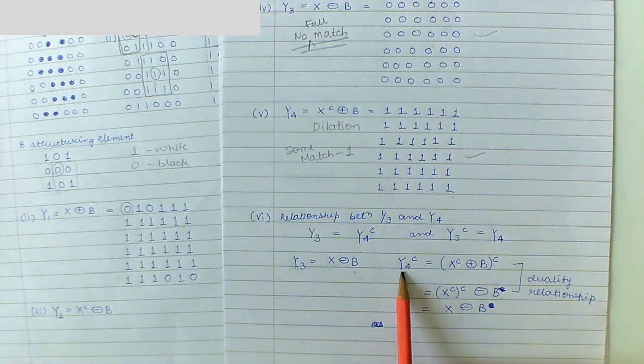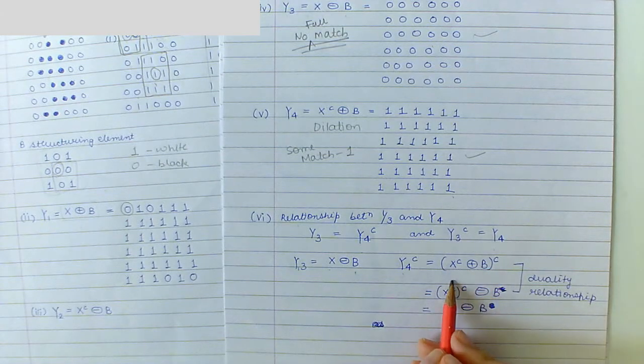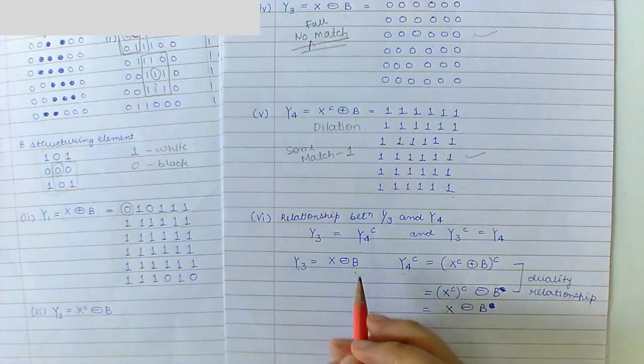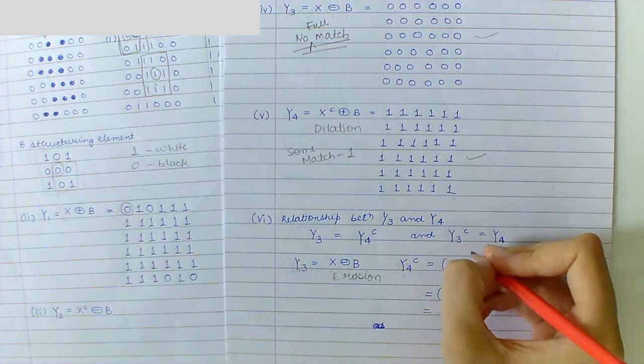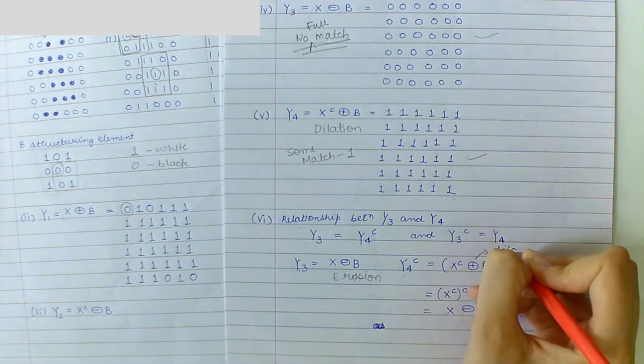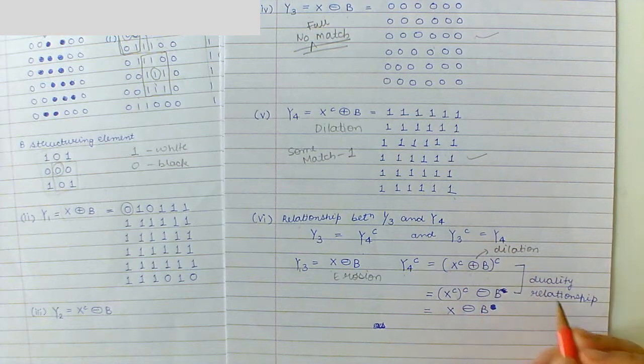As we know, Y3 is X erosion B and the complement of Y4, which is X complement dilation B, is the complement of X complement dilation B.